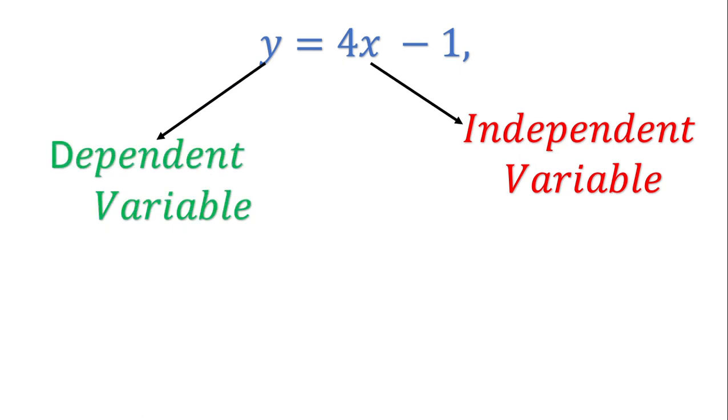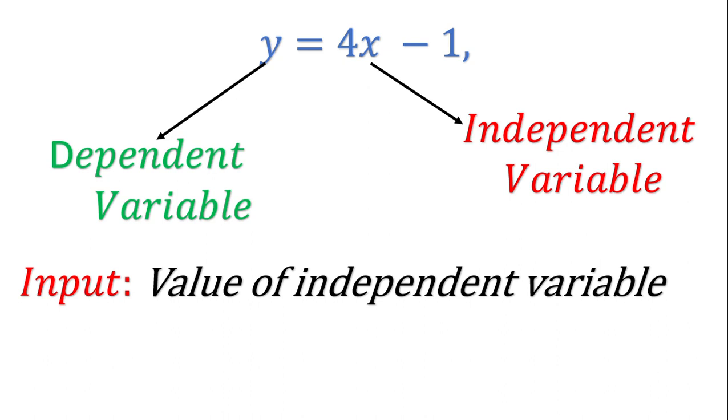So the name of y will be dependent variable. And for dependent and independent variables we use two other terms. The first is input. Input means what value we put in the equation, so that will be the value of the independent variable. So the independent variable is called the input value; whatever value of x you take in this example will be called input.